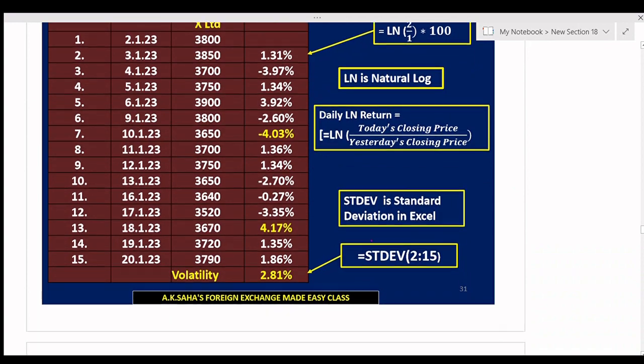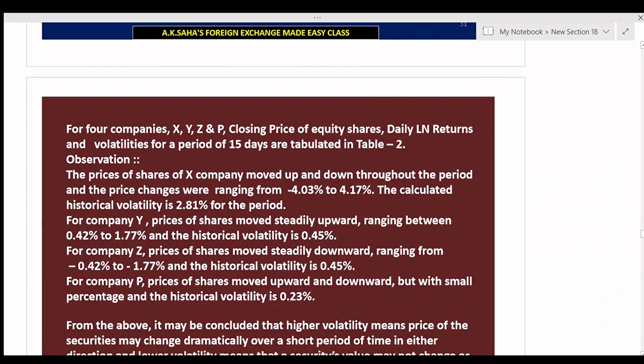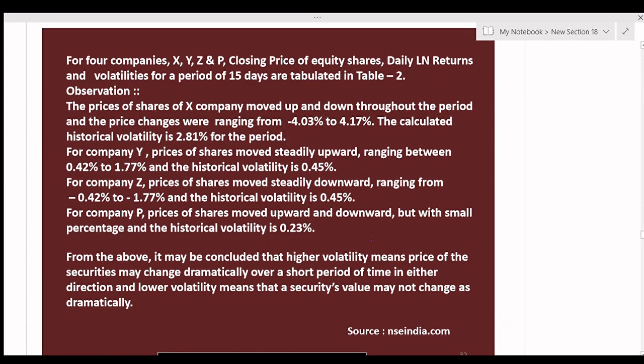Now comes a problem on historical volatility. For 4 companies X, Y, Z, P, the closing price of equity shares and daily natural log returns and volatilities for 15 days are tabulated in table 2.